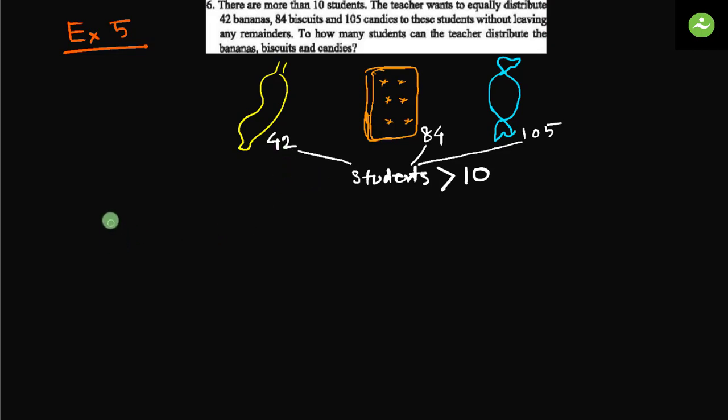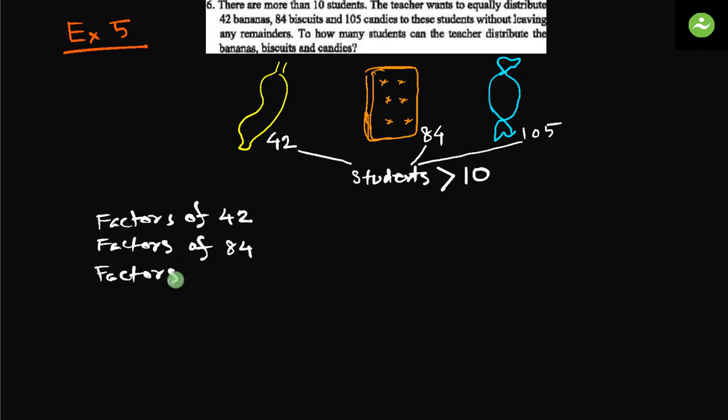For example, factors of 42, factors of 84, factors of 105.